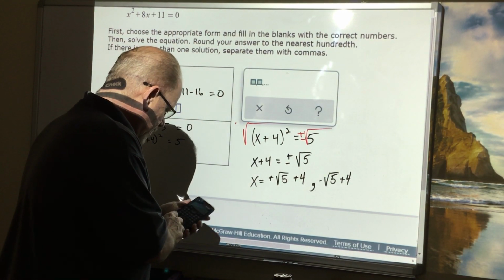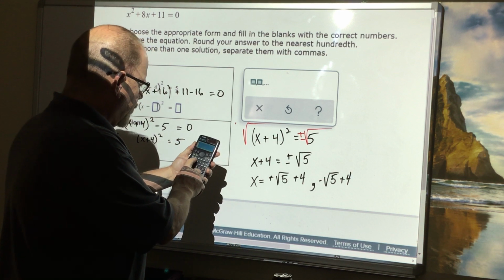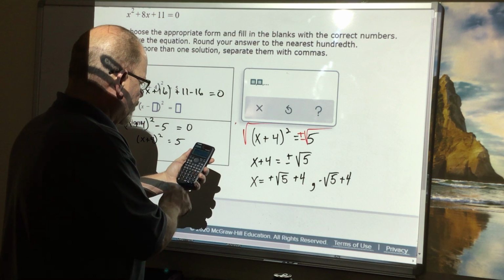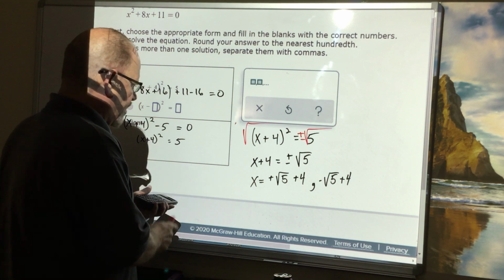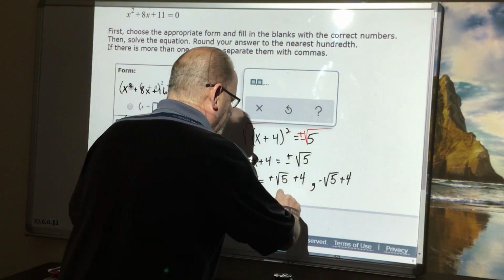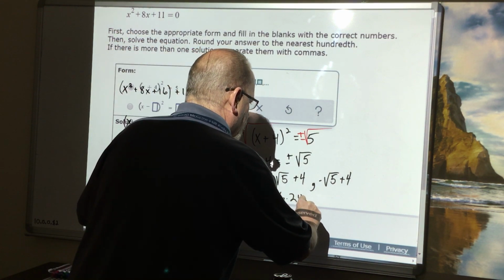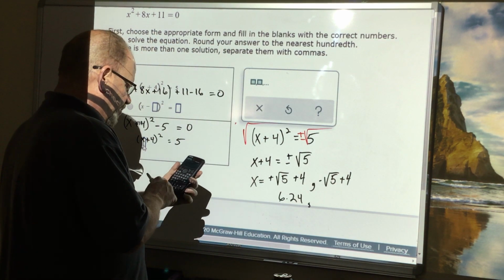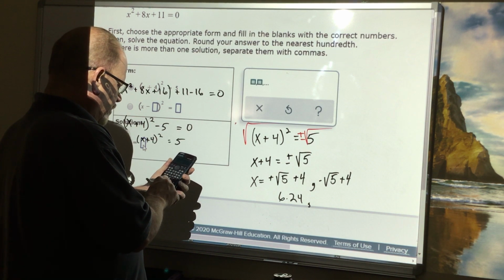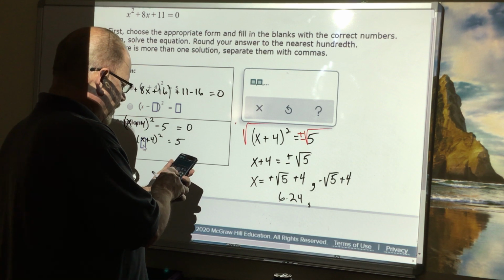Okay. Square root 5 plus 4, 6.236. So that's going to be 6.24. This one here, the negative square root of 5, plus, whoops, I hit times.